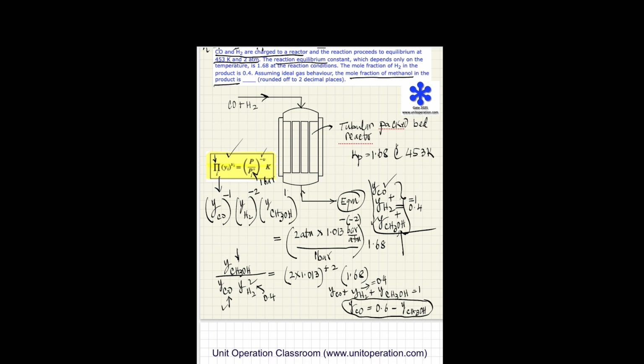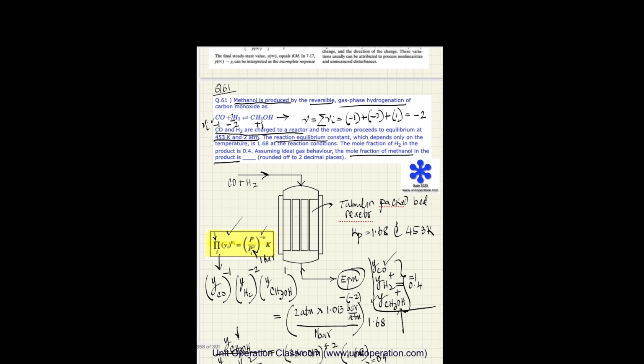We substitute here, so this becomes in terms of methanol, and everything else is known. If you solve this, y of methanol comes out to be 0.3117, and that is my answer. The detailed calculation is shown on our website.